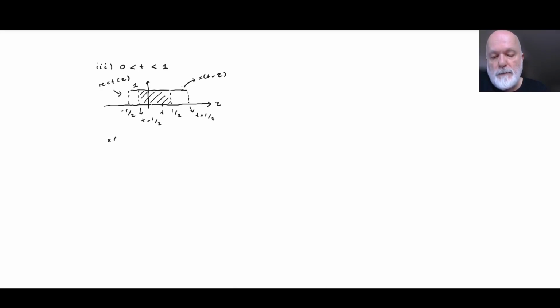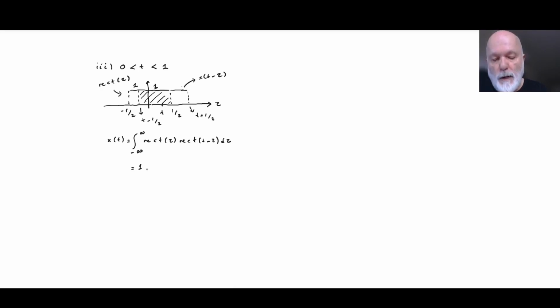So x of t, which is the convolution of rect of tau, rect of t minus tau integrated with respect to tau will be equal to this area, which is again the value here is equal to 1.